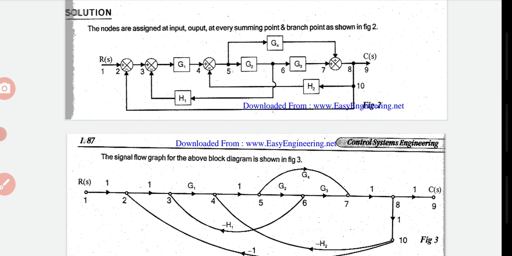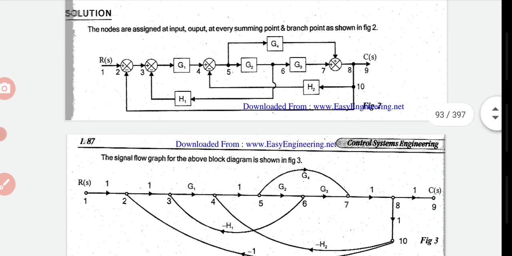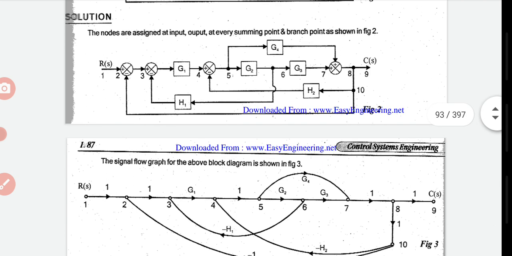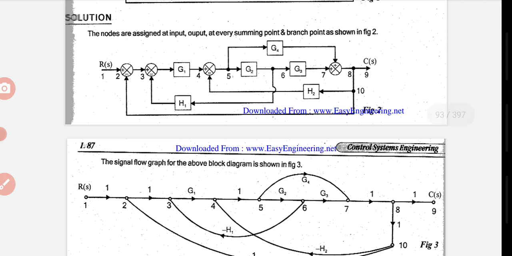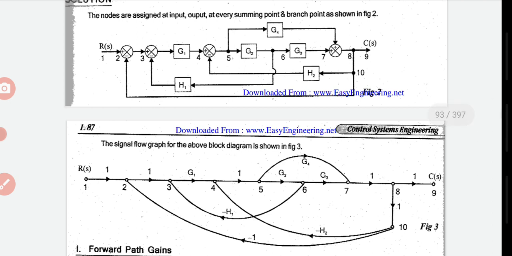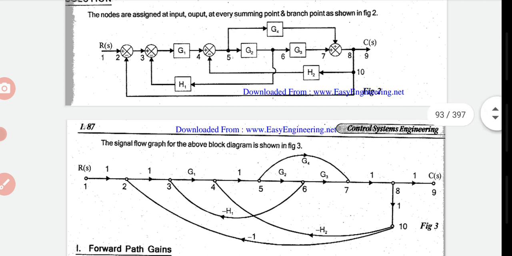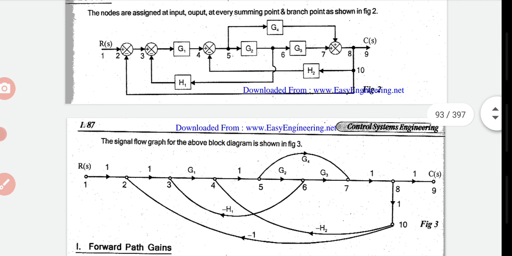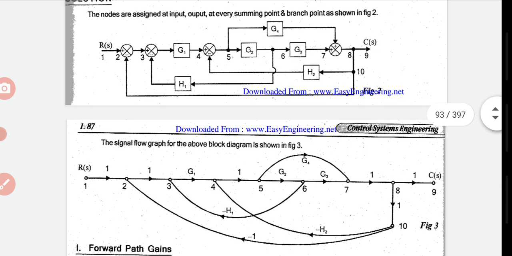Between 2 and 3 you have the summing point, so also represent the gain value as 1. Between 3 and 4 you have the gain value G1. Between 4 and 5 you don't have any gain value, so represent that as 1.